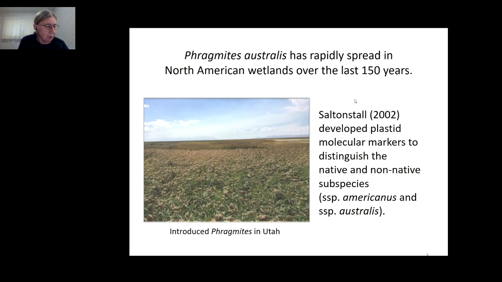Kristen Saltonstall, now a diversity ecologist with the Smithsonian Tropical Research Institute, was doing her doctorate at Yale in 2002, and she developed DNA markers to tell the native and non-native subspecies apart. Without those, they're very similar, and I'm sure many of you have encountered this. They're pretty hard to tell apart unless you have certain kinds of structures, so it's easy to have a lot of plants which you're not sure are native or non-native.